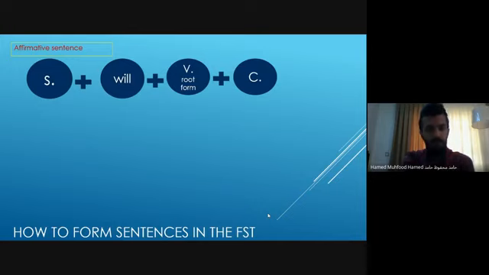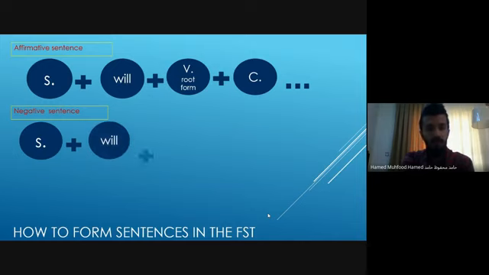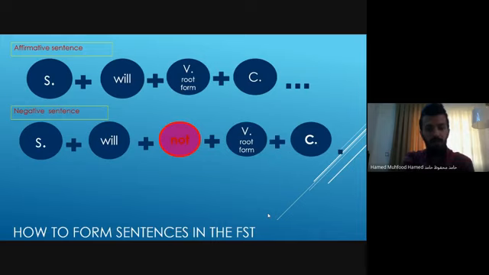This is concerning the affirmative sentence. And what about the negative sentence? We said that we can form the negative sentence by starting with a subject again, and then we should have the modal verb or the auxiliary verb will, and then the negative particle not, followed by the main verb of the sentence in its root form.